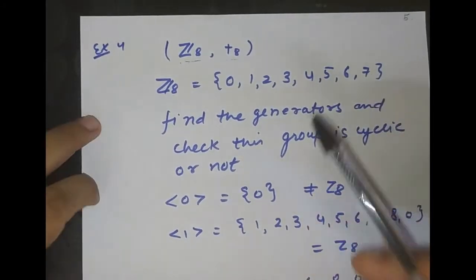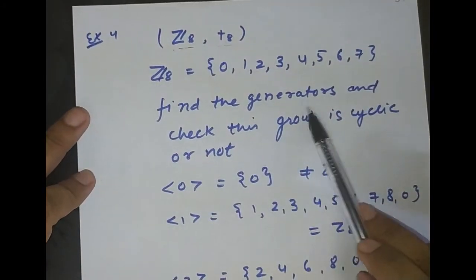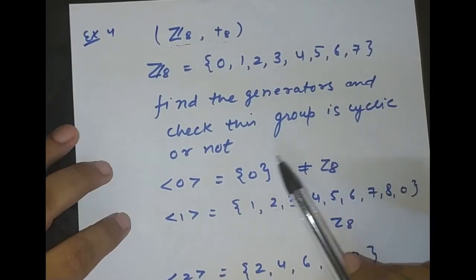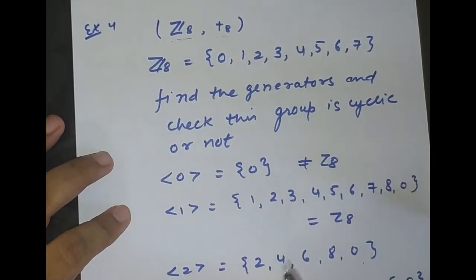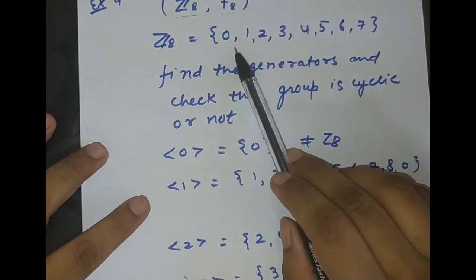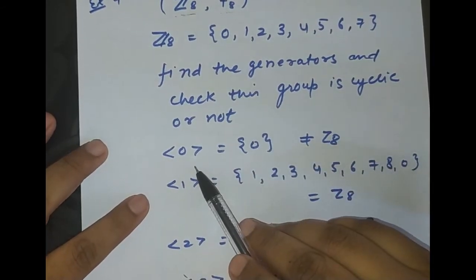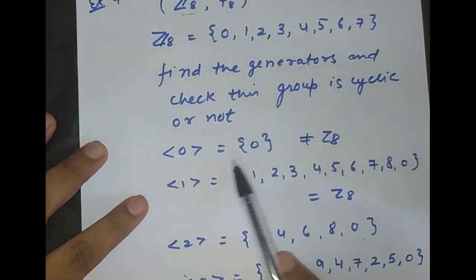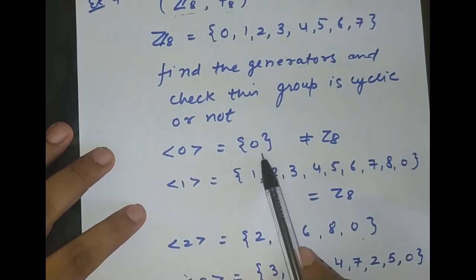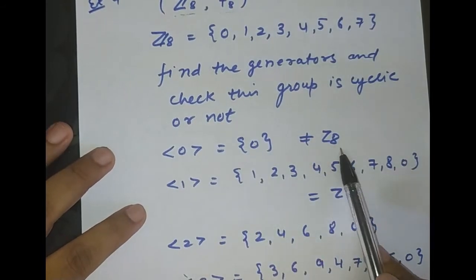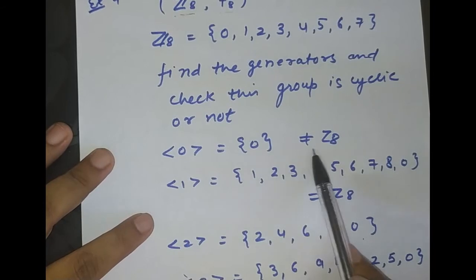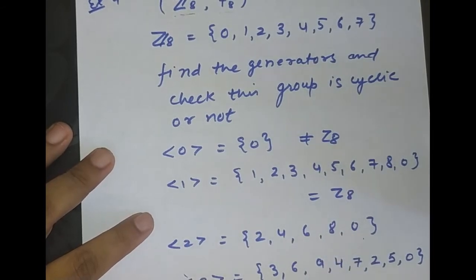Now the question is, find the generators and check whether the group is cyclic or not. First element is 0. 0 is the identity element. So in this set we have only one element, that is only 0. So this is not equal to Z8. So 0 is not a generator of this Z8.